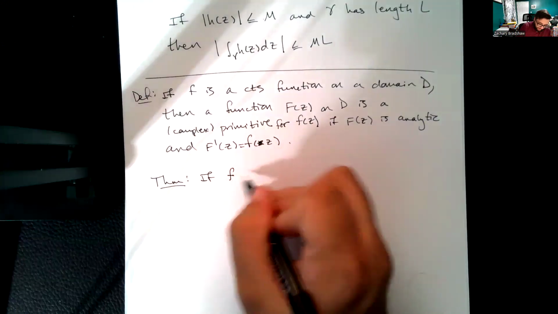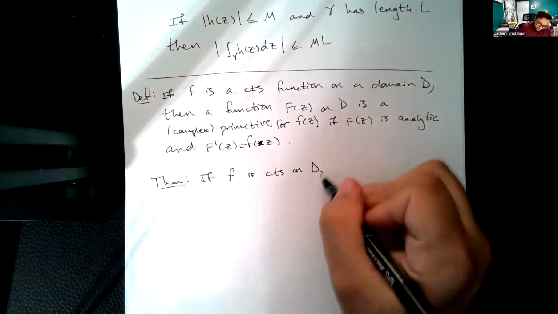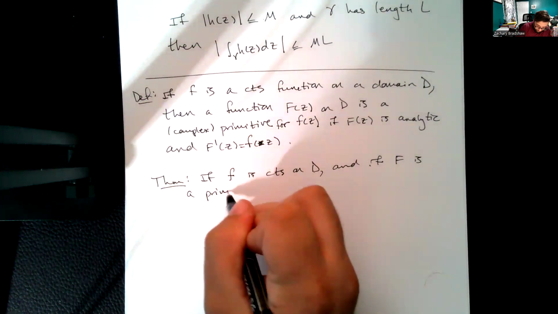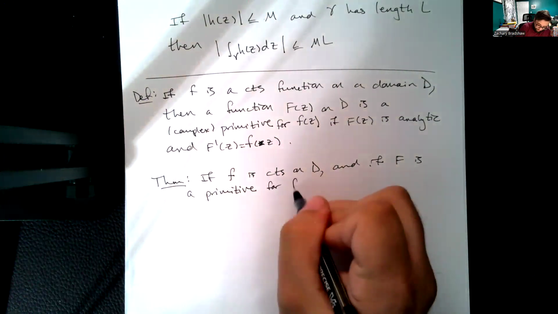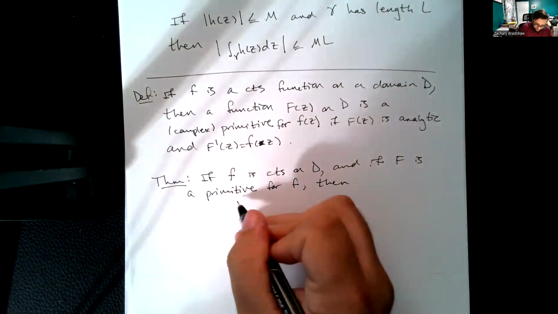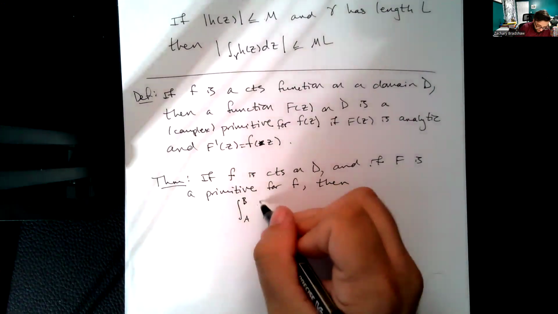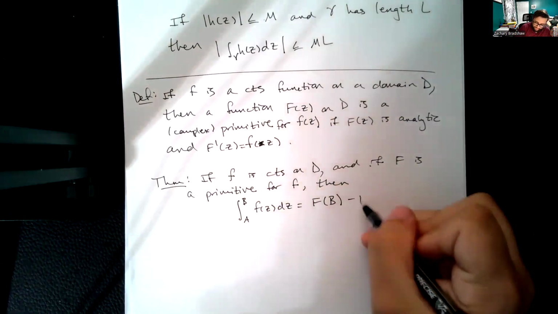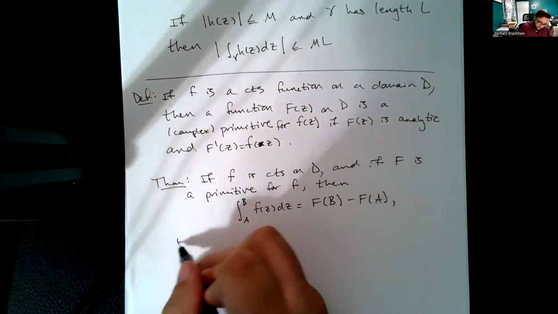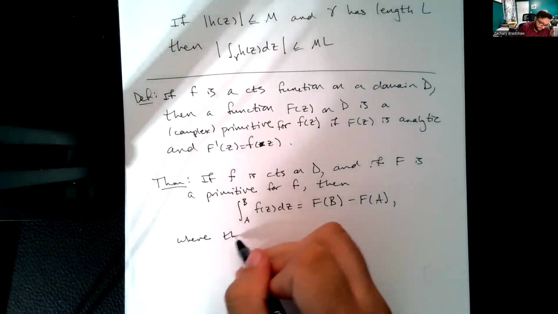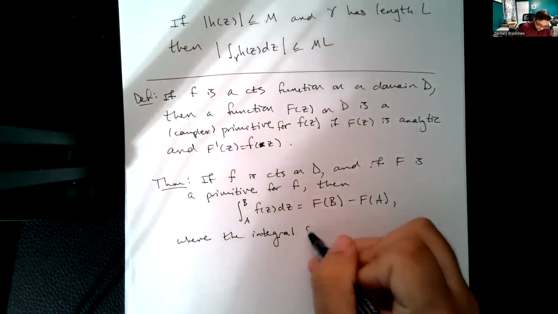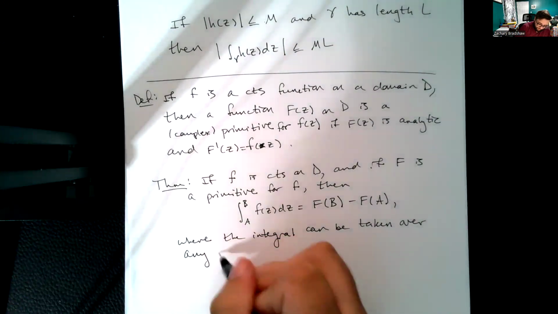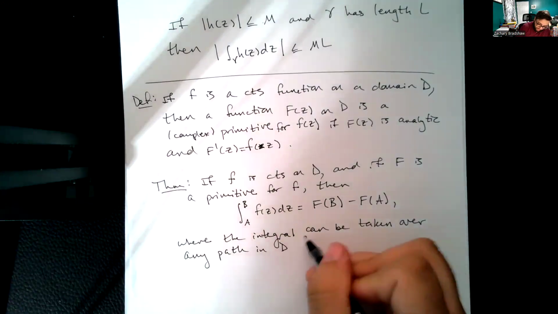So if f is continuous on D, and if capital F is a primitive for lowercase f, then the integral from a to b of f of z dz is capital F of b minus capital F of a, where we should note that the integral can be taken over any path from a to b.